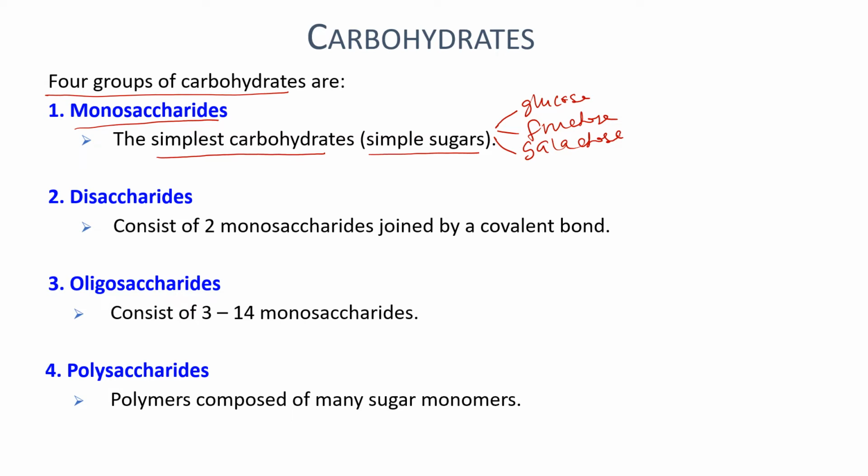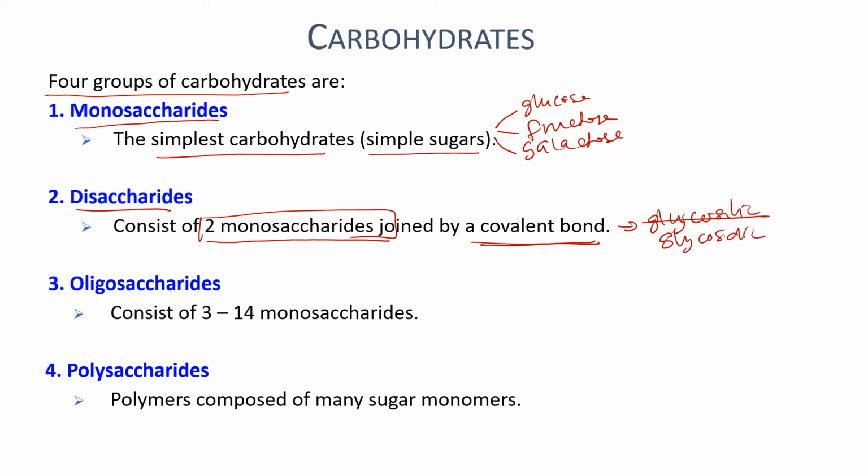in chapter 5. Okay. And then the second group of carbohydrates is the disaccharides, which consists of two monosaccharides that are linked by a covalent bond. This covalent bond that links the two monosaccharides together is known as glycosidic linkage.